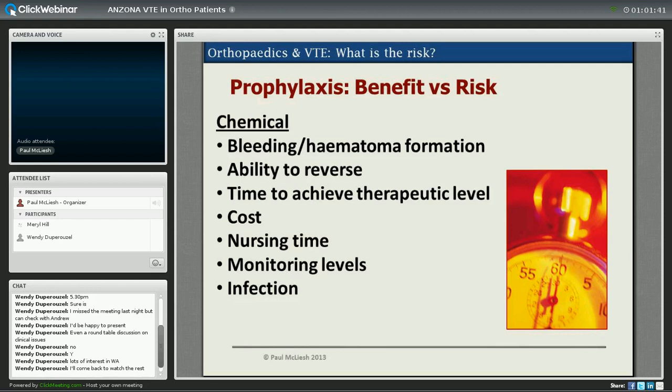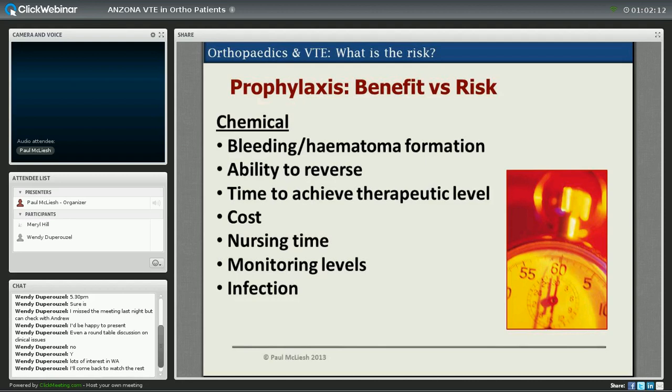A lot of the surgeons are worried about their total knee replacements ending up with hematoma formation around the knee, and then increasing the risk of infection as well, which may possibly lead to osteomyelitis or something like that. Some of the chemical prophylaxis agents are able to be reversed, which is handy sometimes, and that gives us some flexibility in terms of titrating prophylaxis and the dose as well.